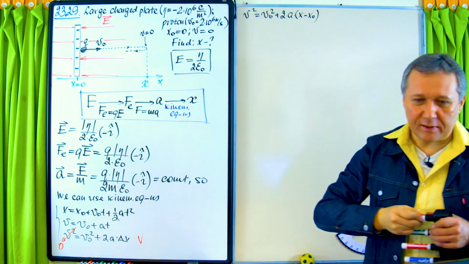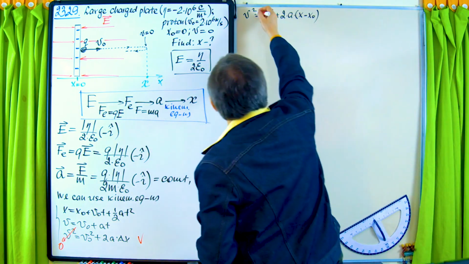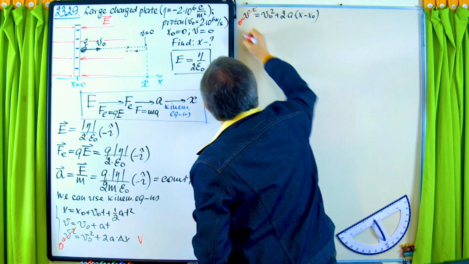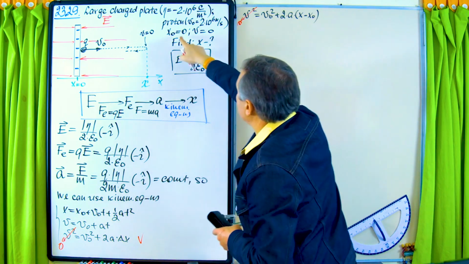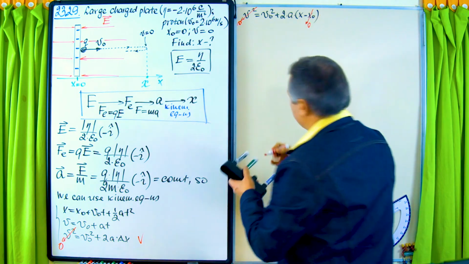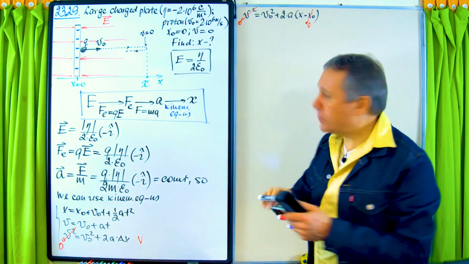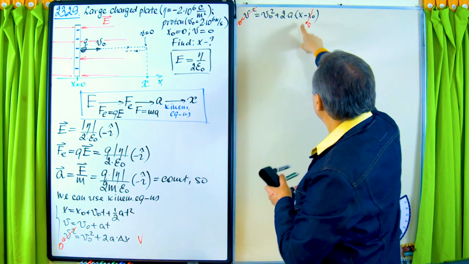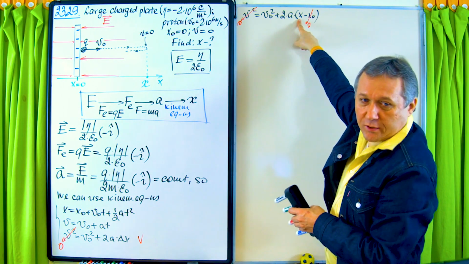And now let me start dumping terms. Velocity is 0. And of course, initial position is also 0. Okay? And what needs to be found? X. So let's solve it for x.